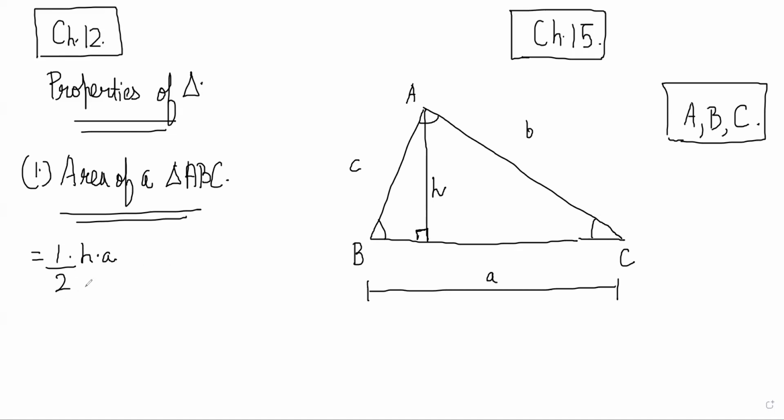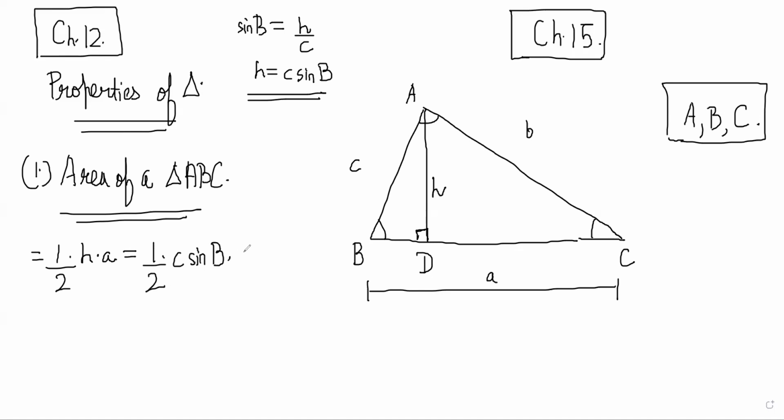Now h can be written as, because you have dropped a perpendicular, there is a small triangle here, A, B and D. In that triangle, sine of B is equal to h by c. So h is equal to c sine B. We can write it as half into c sine B times a. So the formula is coming half a c sine B.